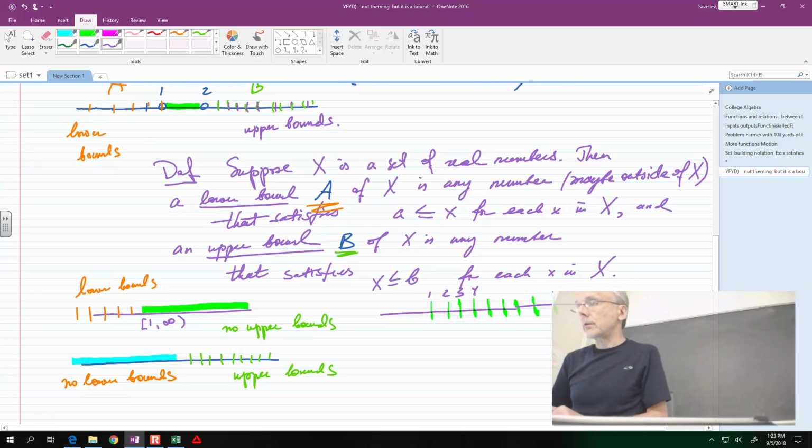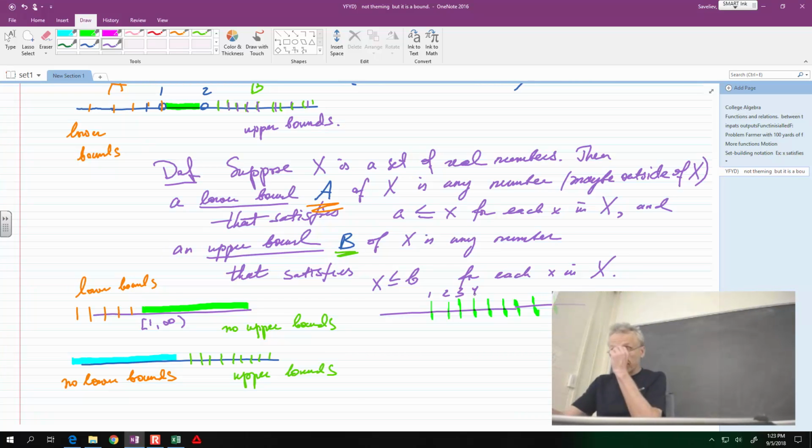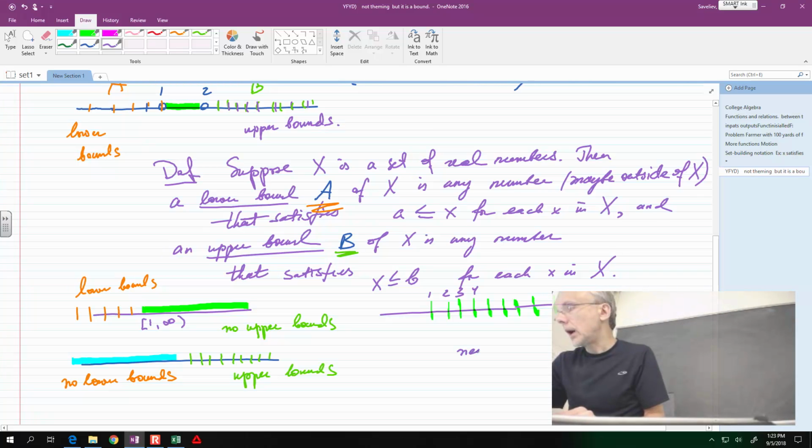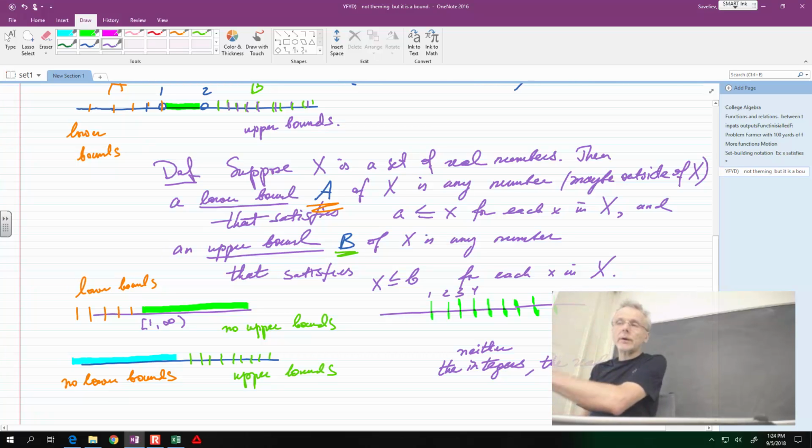Same with lower bounds. One set that has no upper bounds nor lower bounds is either, well, the integers or the reals, because they go to infinity in one direction and to infinity in the other direction, so there are no bounds.